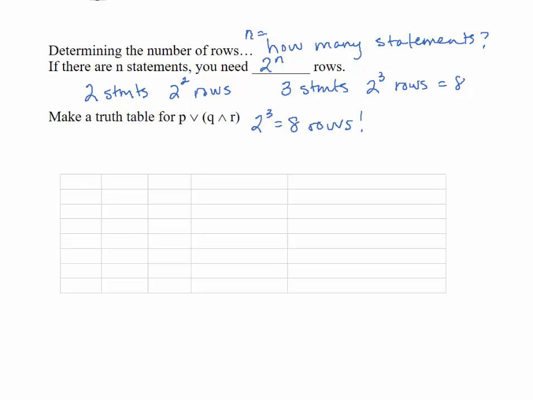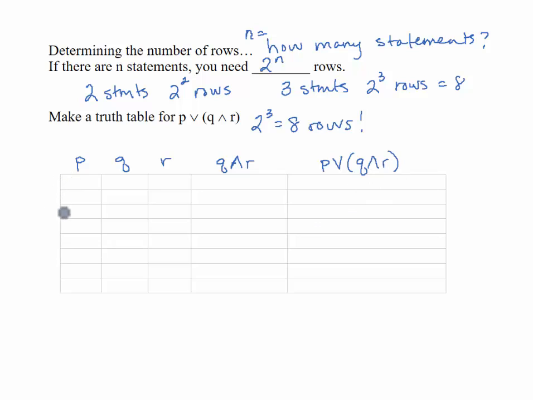So I made 8 rows, and I'm going to need columns for my P statement, my Q statement, my R statement. Then I'm going to need a column for Q and R. And then I need a column for P or Q and R. We're going to put them together.